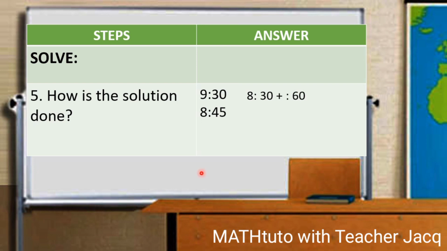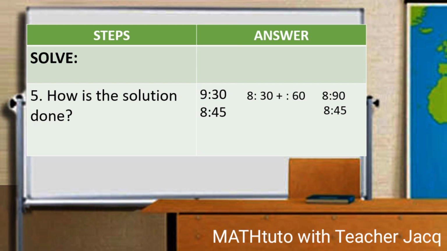That's why naging 8:30 plus yung hiniram nating 1 hour which is equivalent to 60 minutes. So, 30 minutes plus 60 minutes is equals to 90 minutes. Kaya meron tayong 8 hours and 90 minutes. Then, isasubtract natin si 8:45 from 8:90. So, 8:90 minus 8:45.